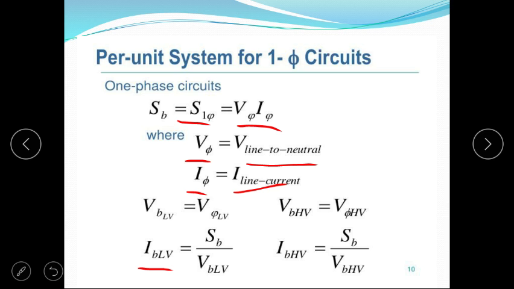Now there are some calculations for a single phase circuit. For a single phase circuit we know that power P is equal to V phase and I phase. So V base is equal to the V phase voltage and I base is equal to S base upon V base.